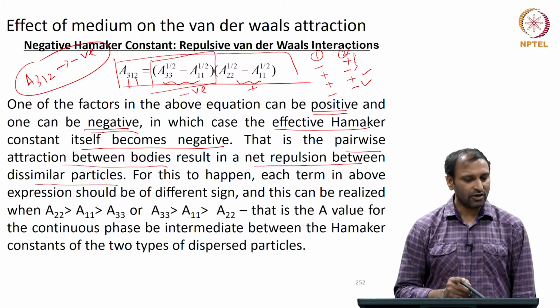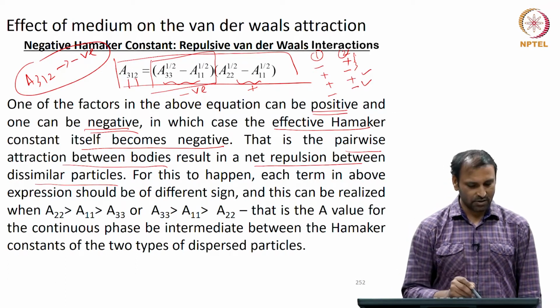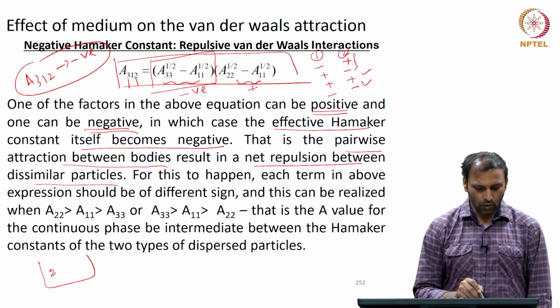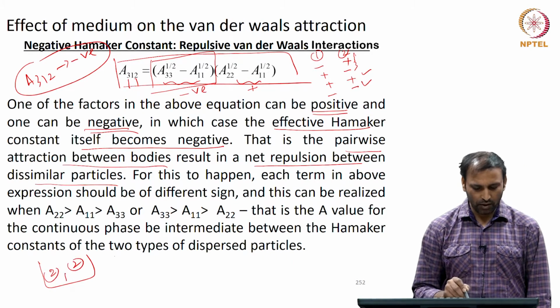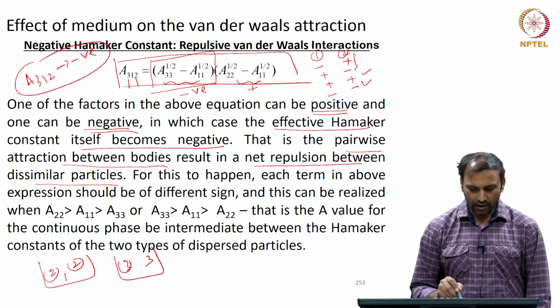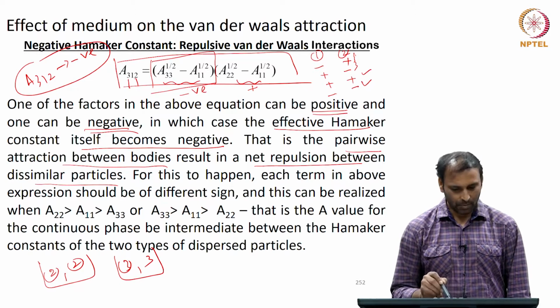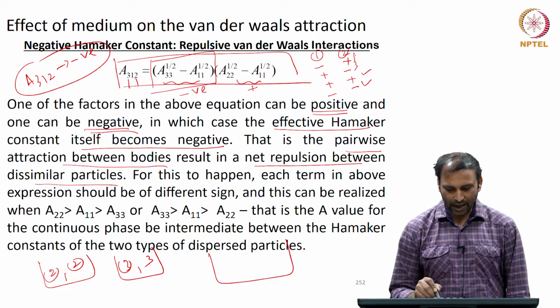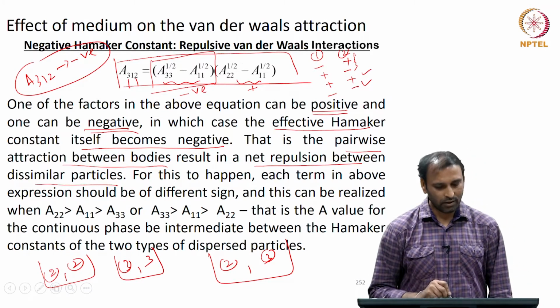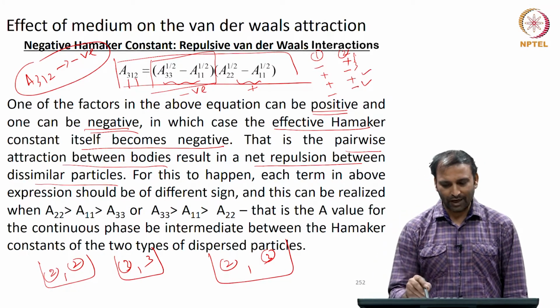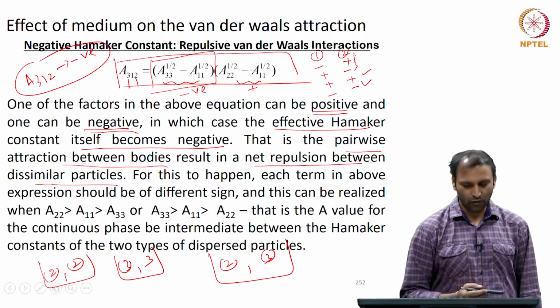We mentioned that if you have the same particles, that is 2 and 2 interacting via 1, or 3 and 3 interacting via 1, the net Van der Waals forces are always attractive. However, if you have two dissimilar particles interacting via medium 1, it turns out that you can have a net repulsive force between the particles.